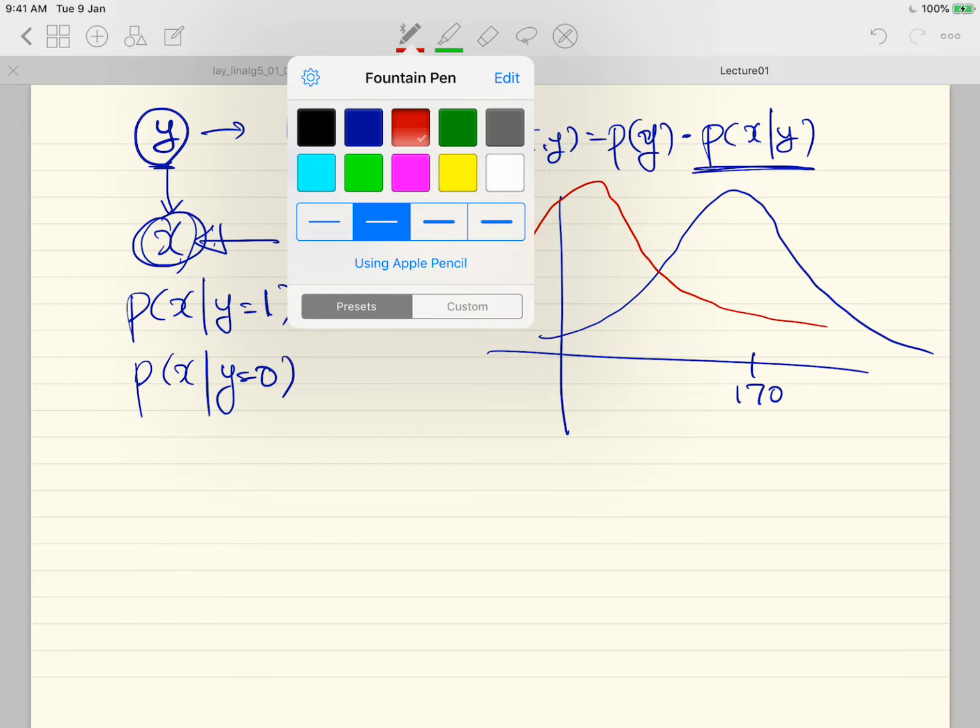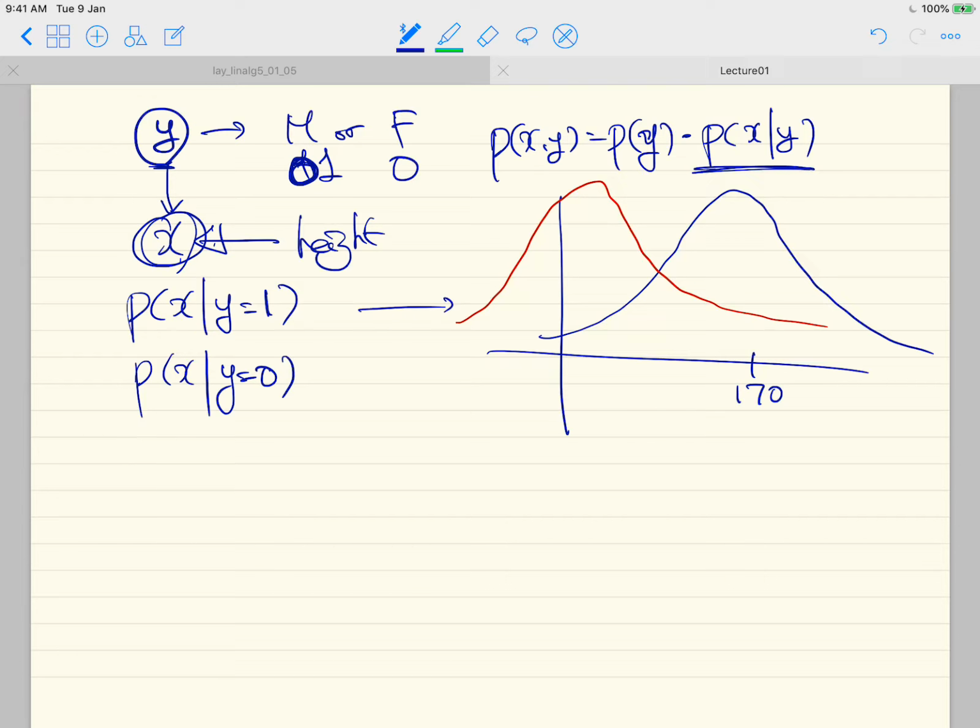Okay, so in this case, let's imagine this p of y given x. This is our posterior distribution, which reverses the generation order of this generation process.